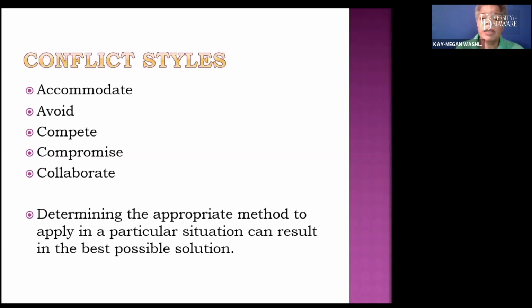Or collaborate. This is the sort of thing that Lori was talking about that takes a lot of time and a lot of effort to work out something that works for everybody. But that is, in fact, something that is possible. It just takes a really, really long time. So depending on what the situation is, different types of conflict styles may be appropriate.